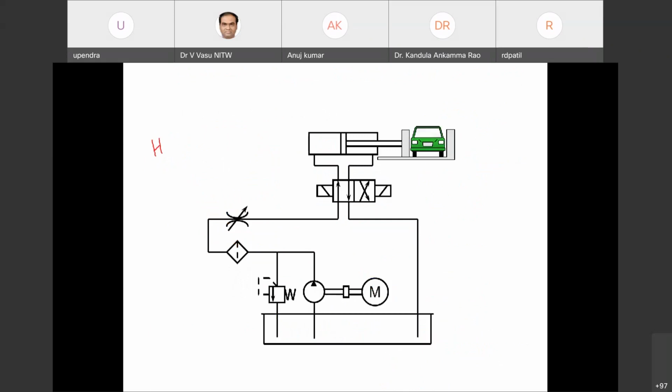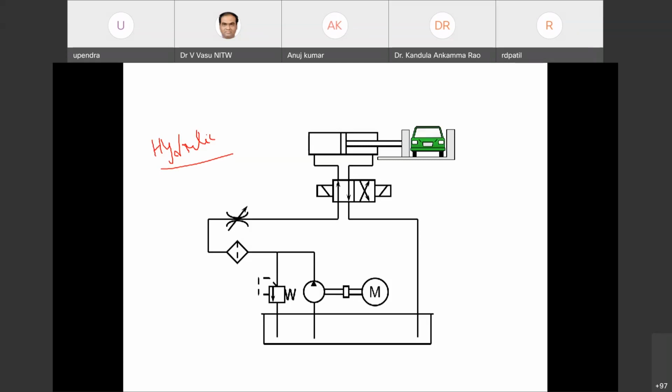Whatever the application we are going to use, first we have to design this hydraulic circuit or the pneumatic circuit using these symbols. You have to decide what different control valves, pressure valves, and flow control valves are required for your application, and then specify the different pressures and flow rates for this hydraulic circuit.